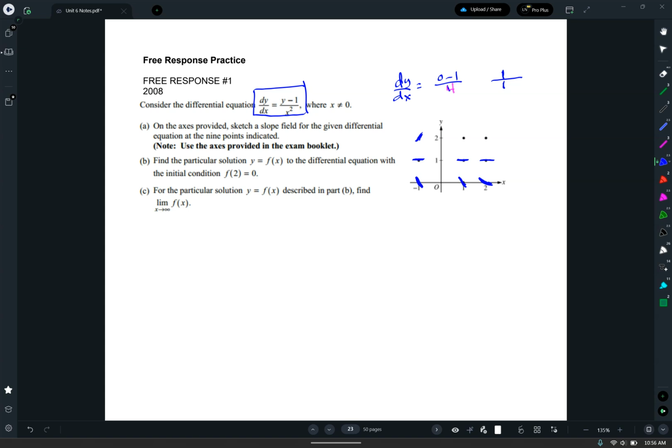If x is positive 1, that's still a positive 1 slope. And if x is 2, that's going to be a 4 down there, so a positive 1/4. So flatter, but still in the positive direction. You may not be able to picture what's going on, but that's okay. They're not telling us to do anything with this yet.